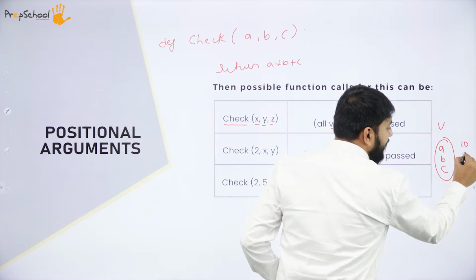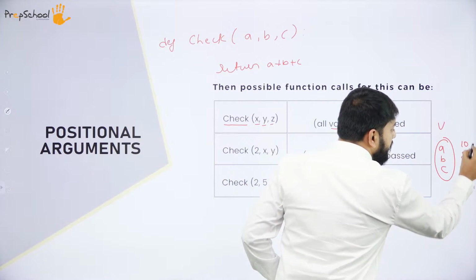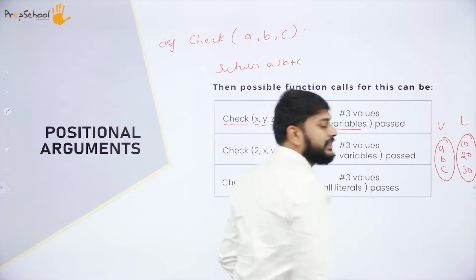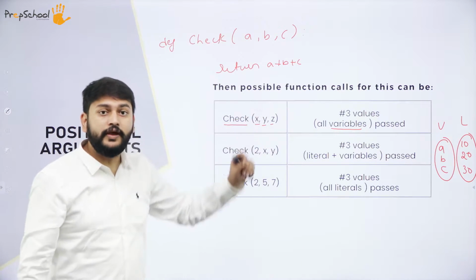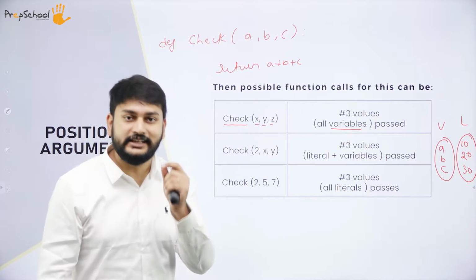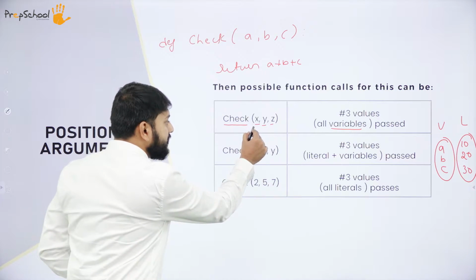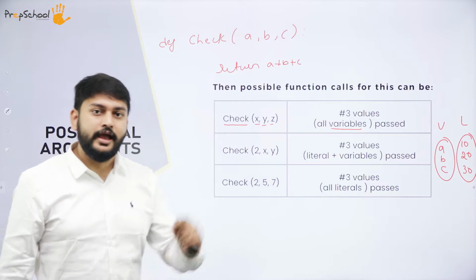Suppose if I write something like 10, 20, 30, you should treat these as literals. Please understand, I have 3 variables, x, y and z.